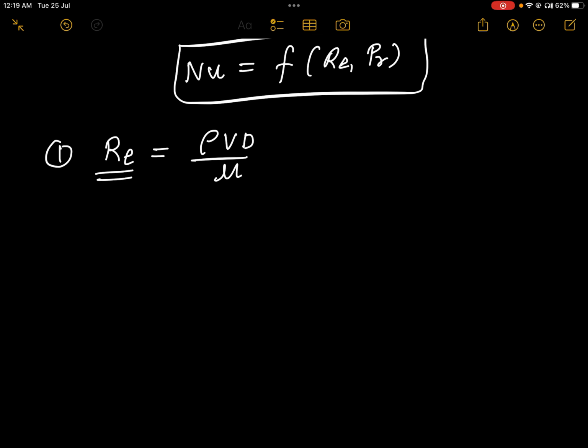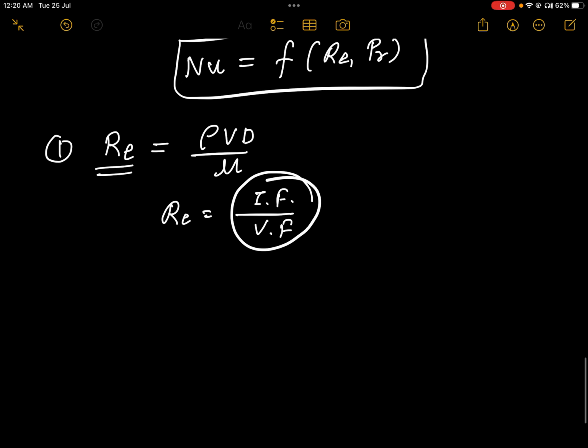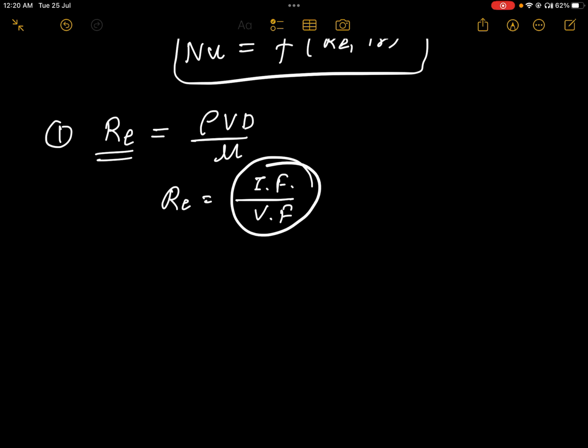Reynolds number is defined as the ratio between the inertia force and the viscous force to which a flowing fluid is subjected. It shows the ratio of the inertia force to the viscous force.